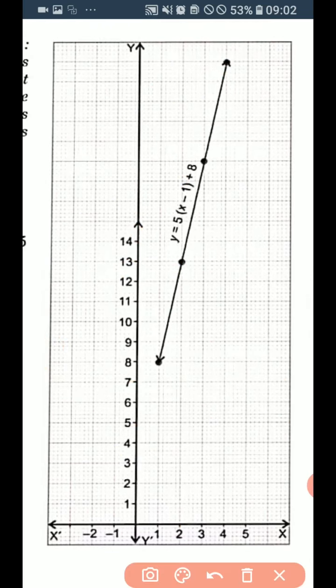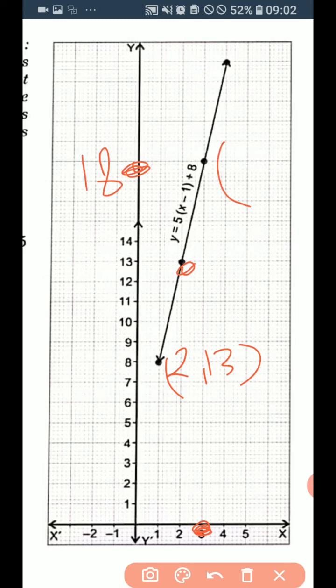2 comma 13. For the second one, abscissa is 3, ordinate is 18. 14, 15, 16, 17, 18. Ordinate is 18. Let us suppose this is point A and this is point B. Coordinate of point B is 3 comma 18.